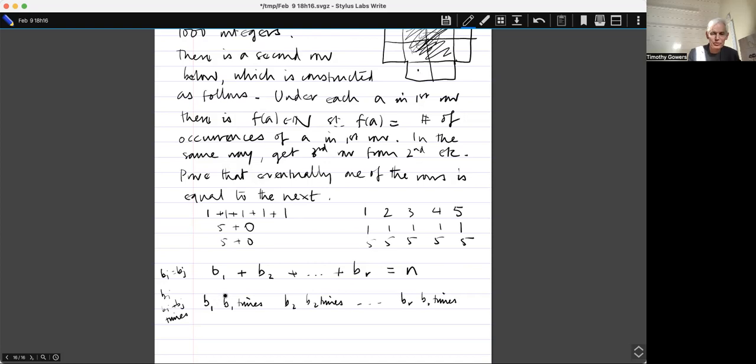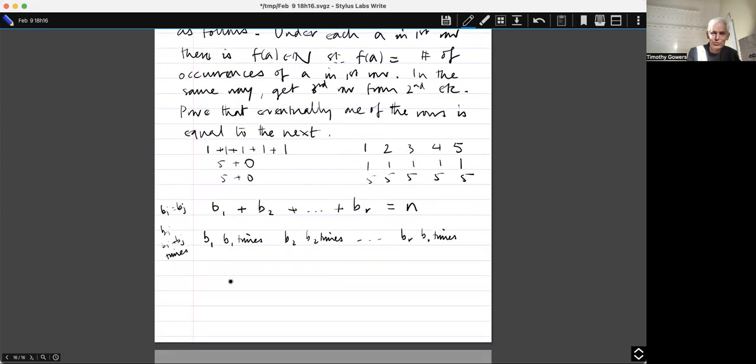So the number of distinct numbers is going to go down each time, or at least remain the same. And if it remains the same once, it's going to remain the same from then on. So that problem is done. I feel I haven't written down a very coherent solution to it, but I've definitely solved it. I've definitely seen that the invariant that matters is the number of distinct numbers.